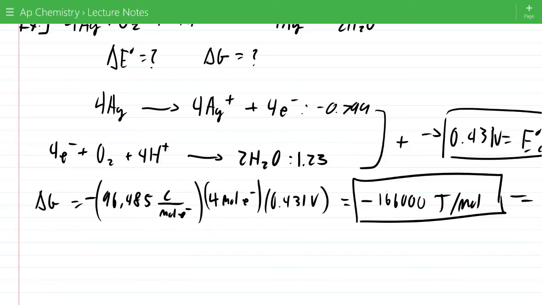If it just goes from 1 mole of silver to 1 mole of silver plus 1, that's 1 electron, but since we had 4. So it doesn't matter which element you pick. If they give it to you balanced, it should already be balanced. Now, if this was an unbalanced reaction, then you'd have to go through that whole process: add the waters, add the acid, do all that stuff. Then it's even more work.